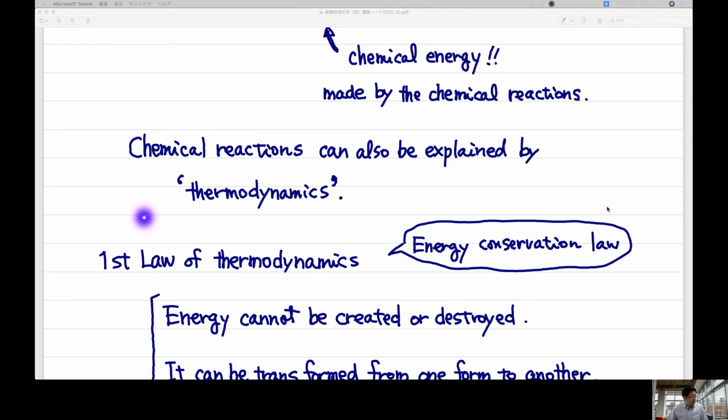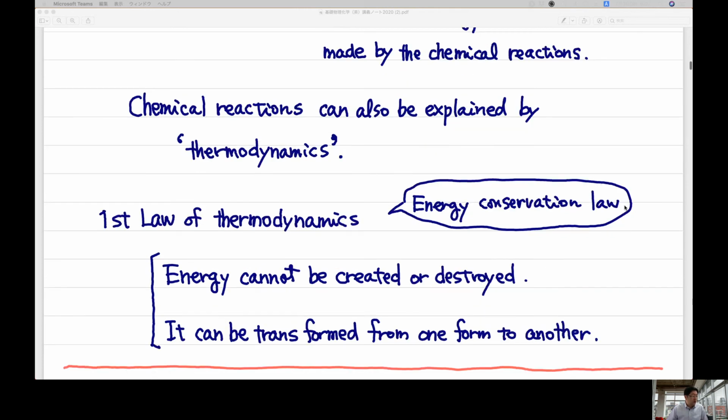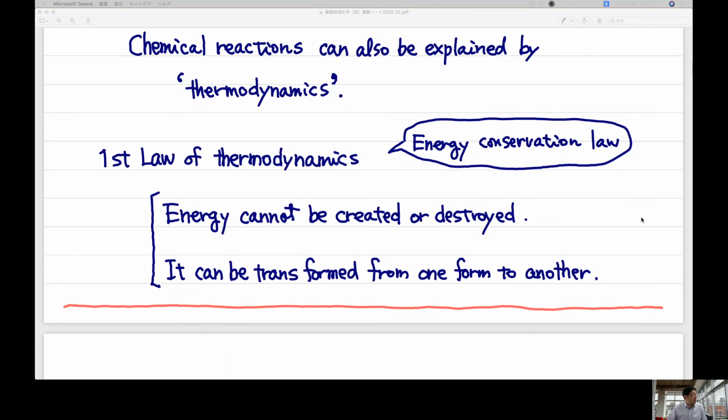And to understand this kind of thing, we need to understand the first law of thermodynamics, the so-called energy conservation law. Energy cannot be created or destroyed. It can be transformed from one form to another.